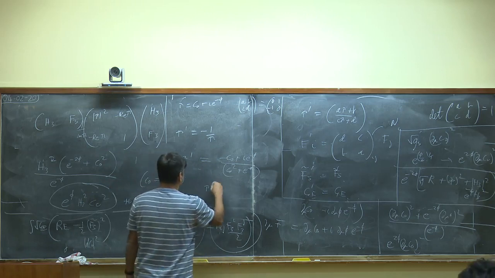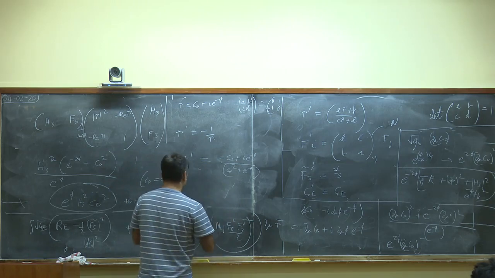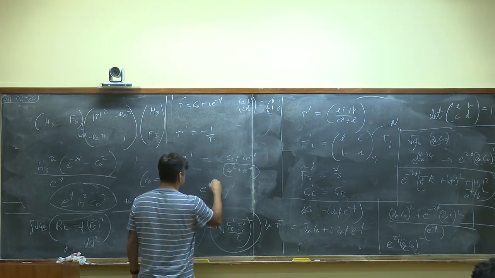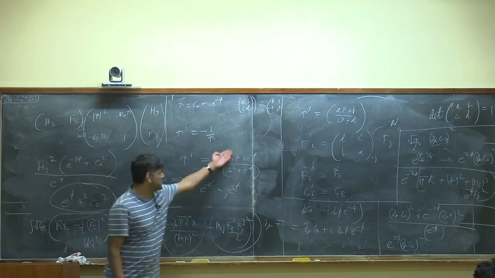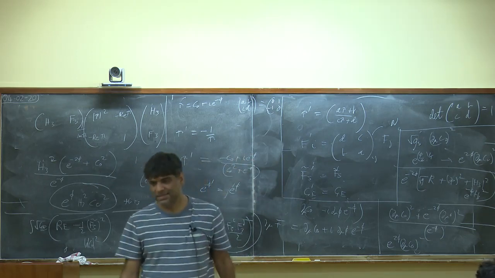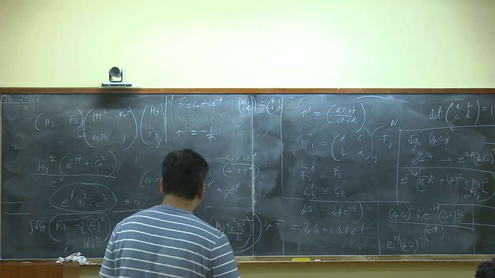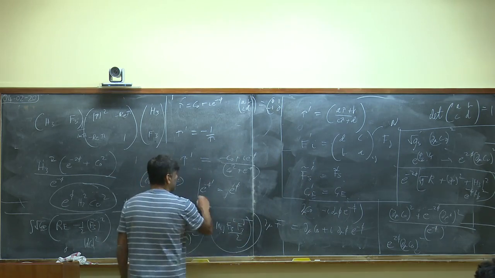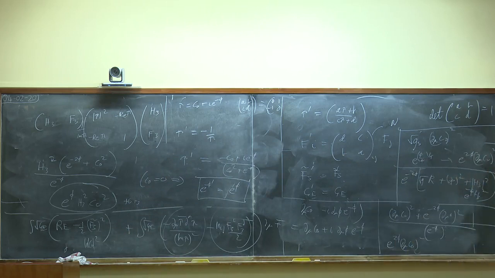It implies that e to the power minus phi prime is equal to e to the power phi, because you just cancel this and you get just an e to the power phi with an I, which is supposed to be identified with e to the power minus phi prime. So what this does is invert the coupling. G goes to 1 by G, because e to the power phi was G. So this is a G goes to 1 by G coupling.